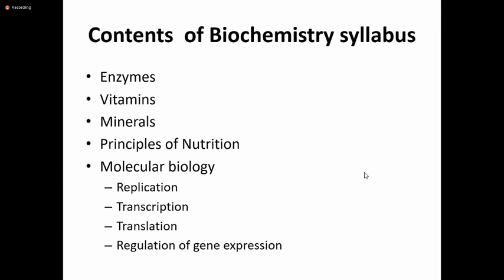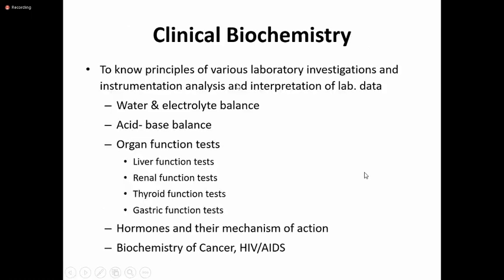Numerous tests should be done in order to come to a conclusion about the diagnosis and how we should manage this patient. For that purpose, clinical biochemistry is required, where you will learn about different laboratory investigations, how they are measured, and how to interpret the laboratory data.